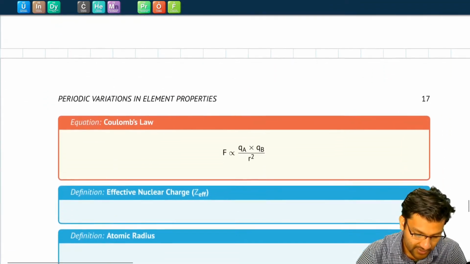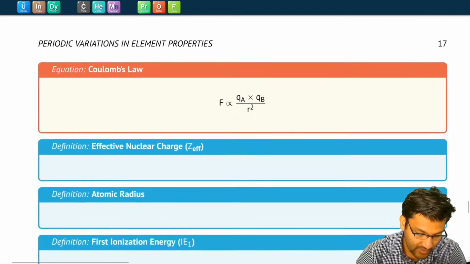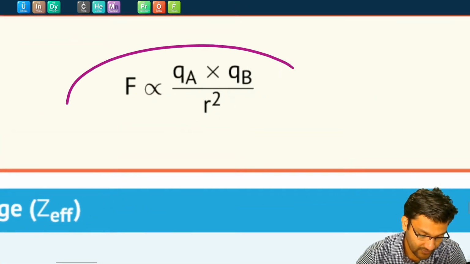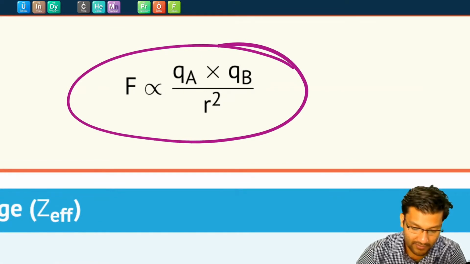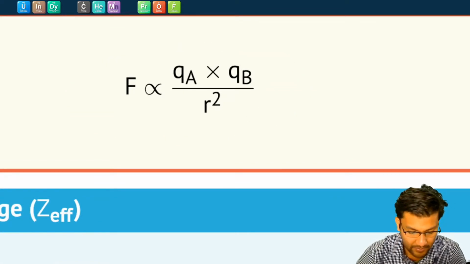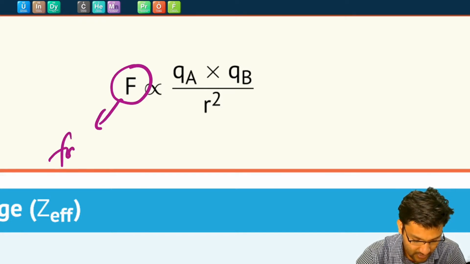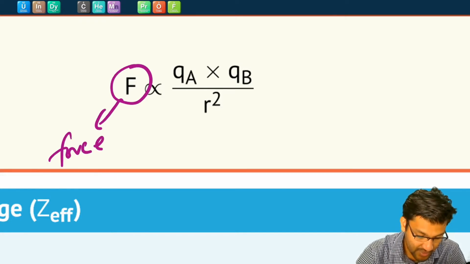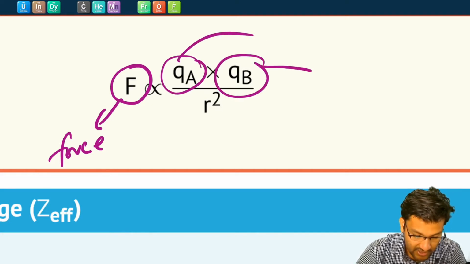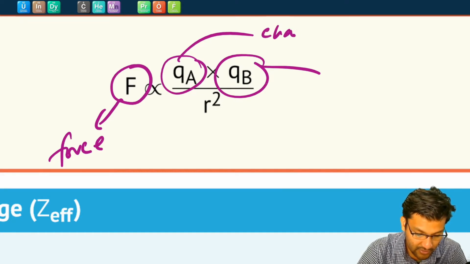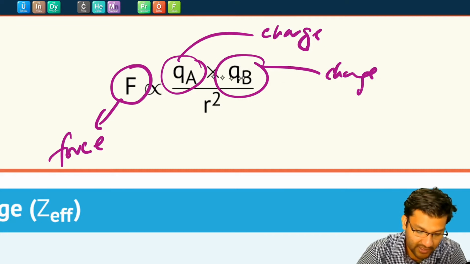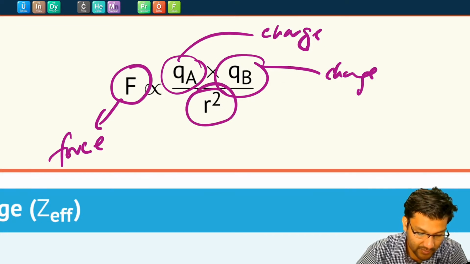To understand why that is, we need to look at Coulomb's law. This is Coulomb's law written in a very simplified manner, where the force between two charged particles depends on the charge on one times the charge on the other. We're calling them A and B. Q is the charge in this case. So you multiply the charges on both of them divided by the distance between them squared.